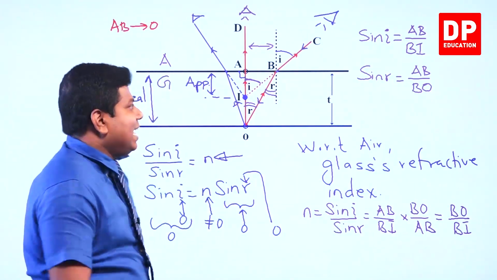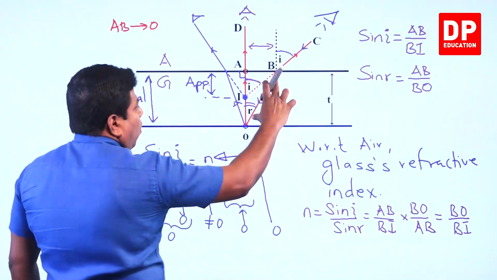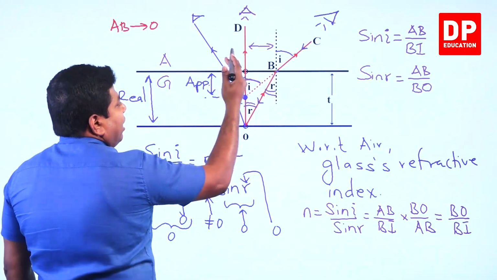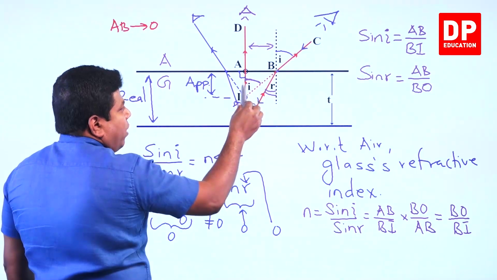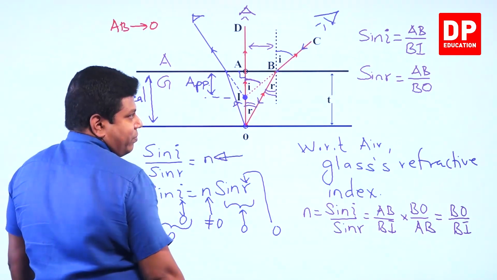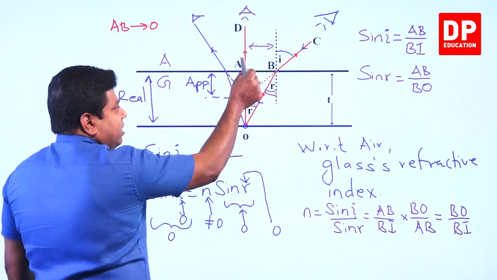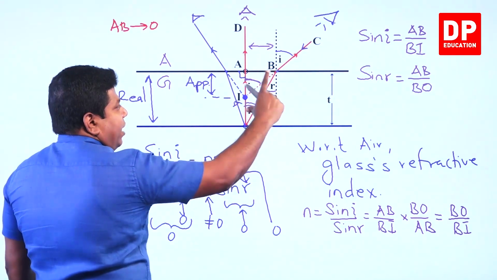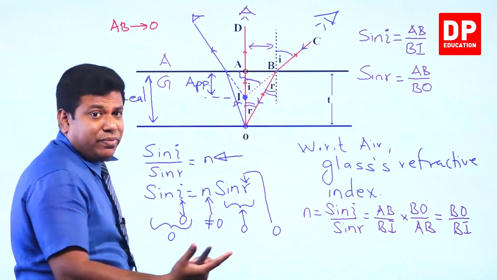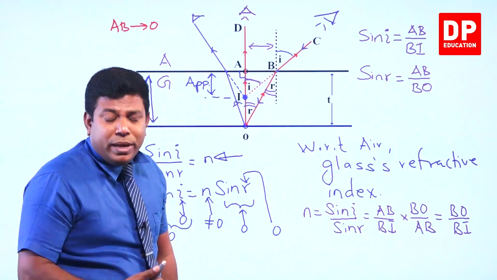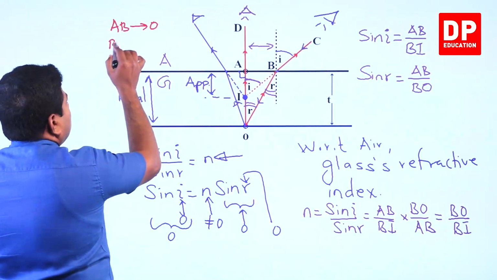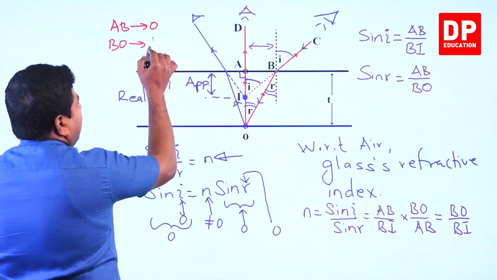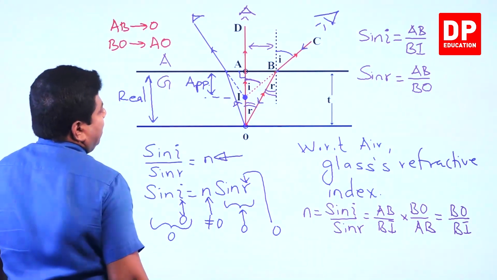If that is the case, the points B and A are going to align together, right? They will become the same point. So OB and OA would be the same. Why? If these two are closer, OA and OB must be closer. There can't be a big difference between OA and OB. So I can say OB or BO and AO will be equal.